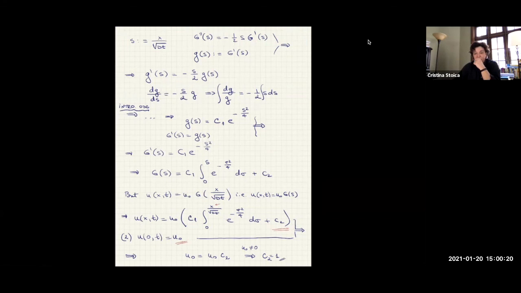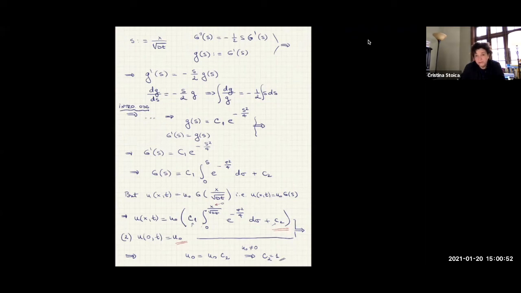So once again, I substituted what u is, so I get this expression with 2 constants in it. But then I remember condition 2 is one of the initial conditions, that when x is 0, u is u naught. So that's exactly what I put in. Equating the right-hand sides, we're making x equals 0 here, so this integral term becomes integral from 0 to 0.